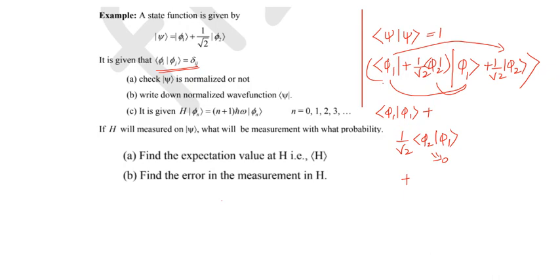The fourth term is phi 2 into phi 2. So you'll be getting 1 by 2 <phi 2|phi 2>, and <phi 1|phi 1> is 1.